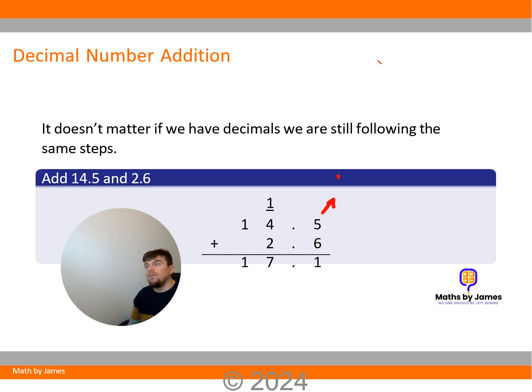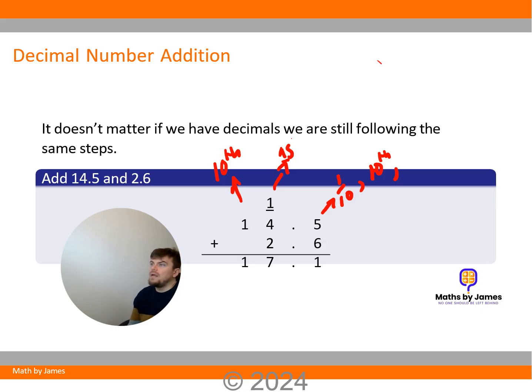So we have 1/10, which is one tenth, same as 1 out of 10, or the 0.1s in a sense. We have our 1s here, and we also have our tenths here.